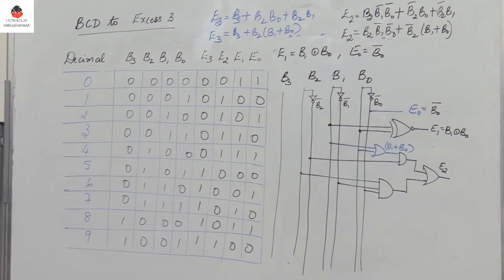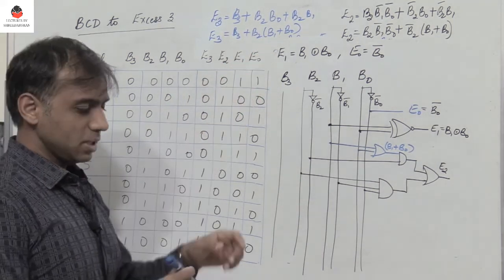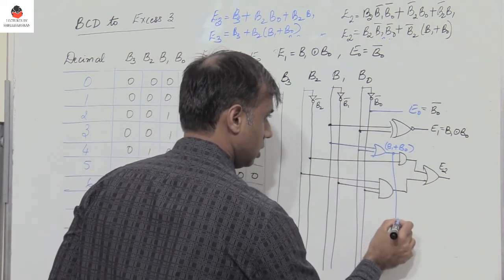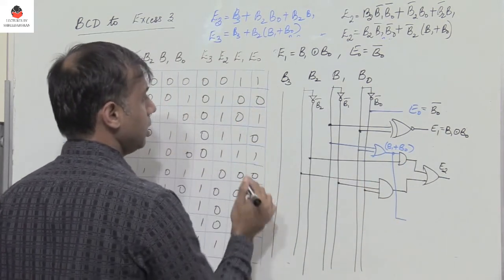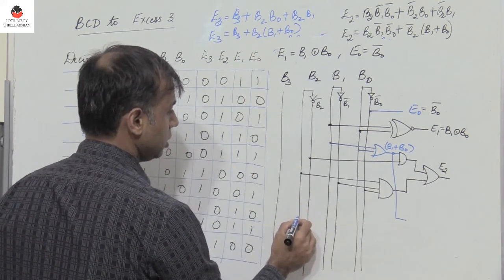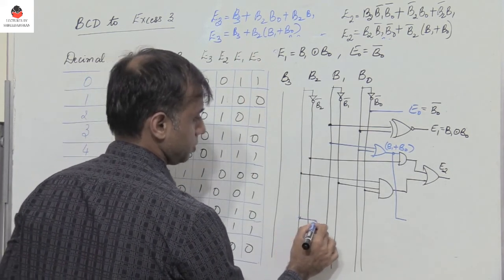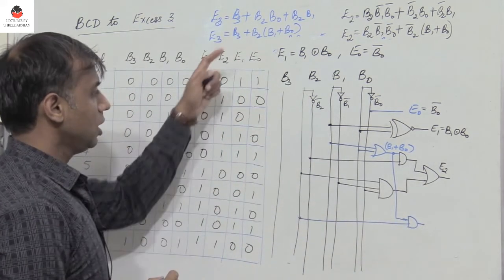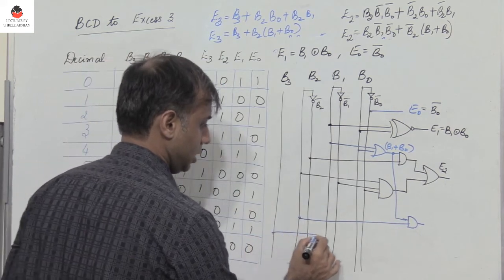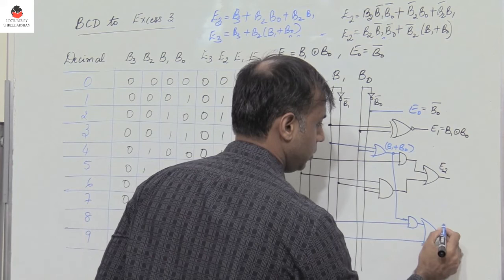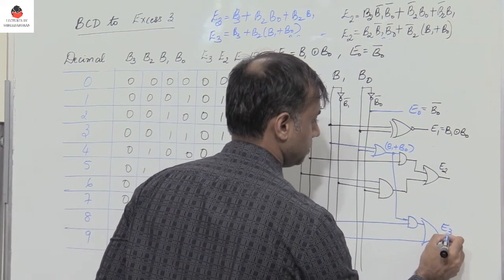Next, I need to find E3. Now how do I get E3? So you have B1 plus B0, which is required, which is already here. So I take B1 plus B0 and then pass that through an AND gate with another input, which is B2. And then you have B3. So I take B3 here, pass it through an OR gate, and finally we get E3.